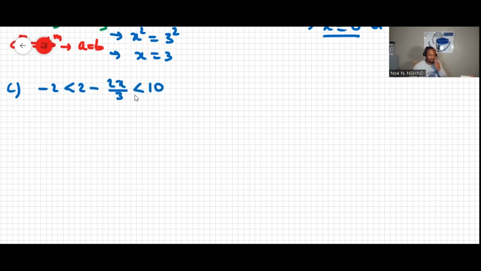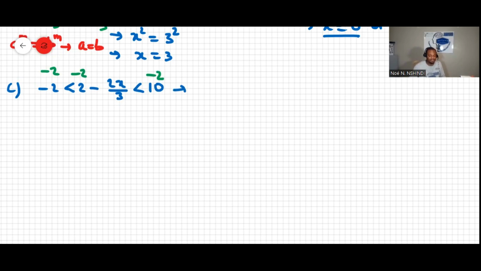Over here, we want to get rid of these 2s. We subtract 2 from both sides: we subtract 2 here, 2 there, and 2 on the other side also.